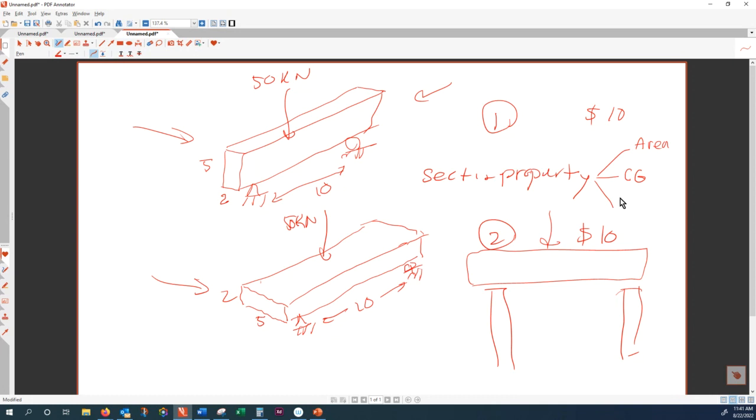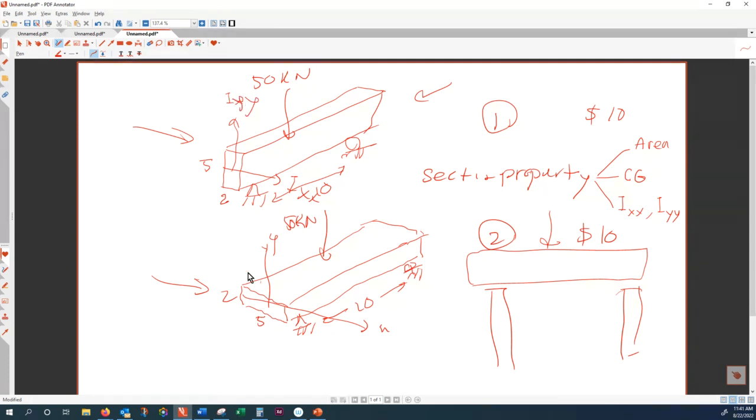The other one is moment of inertia, second moment of inertia. And you remember that either IXX or IYY. So this is axis X, this is axis Y. If you remember from energy and motion, this is IXX, this is IYY.